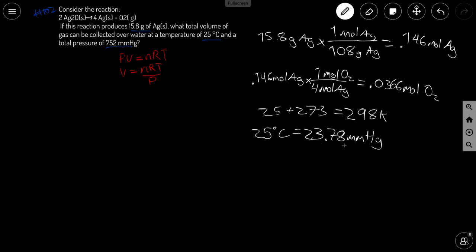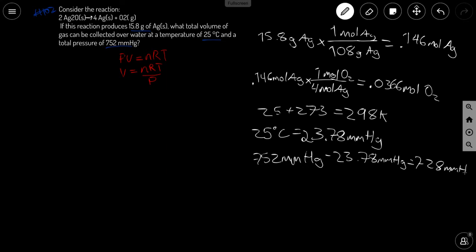So we're going to go ahead and subtract 23.78 millimeters mercury from 752 millimeters mercury, which gives us 728 millimeters mercury.